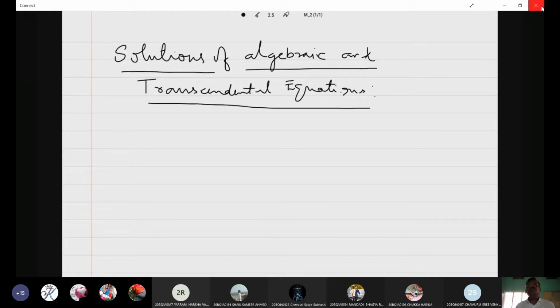Now, before going to find the solutions, we have to know what is meant by an algebraic equation and what is meant by a transcendental equation.